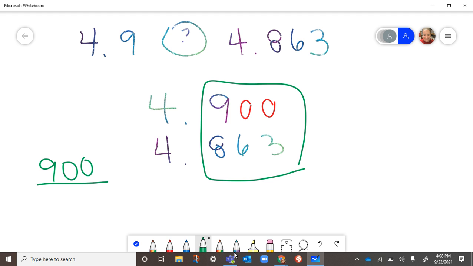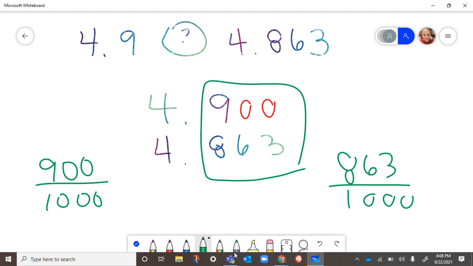How that looks as a fraction would be like this, and then the 863 would look like this as a fraction. And so I've got more parts here than I do here. I've got 900 versus 863.